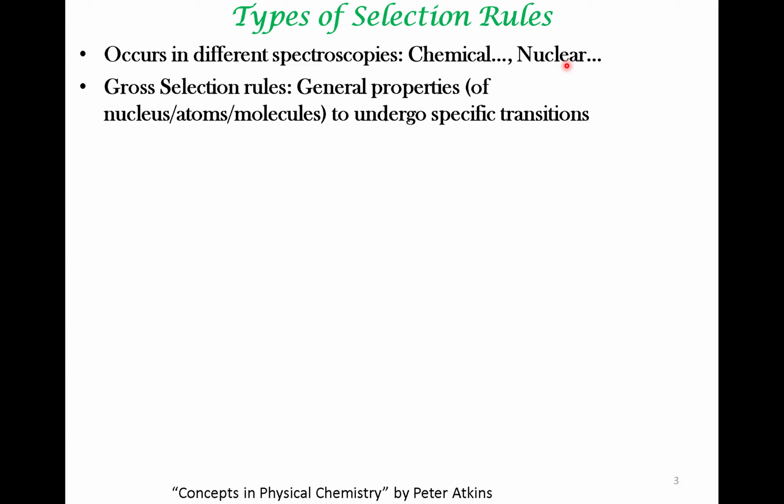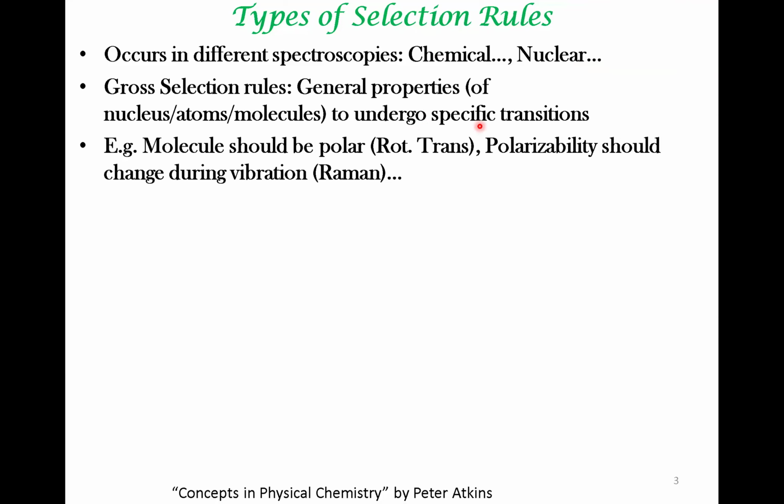and we ask the constraints within which these changes are possible. So there are two ways of looking at selection rules. One is that there are, let's say, gross selection rules. Again, these are applicable to nuclear spectroscopy, atomic spectroscopy, molecular spectroscopy, and so on. So you ask a question, under what conditions would a specific transition occur?